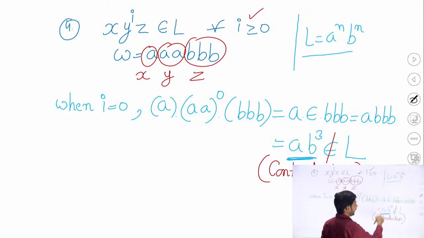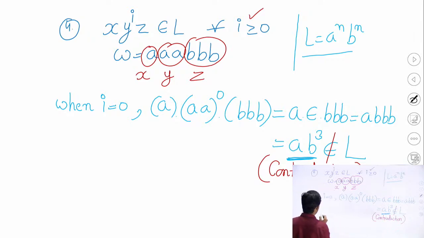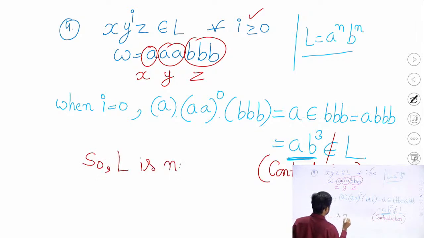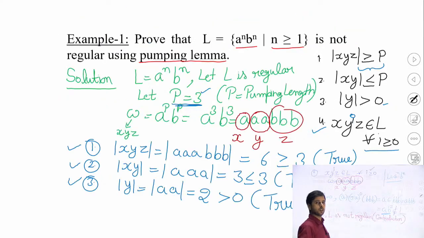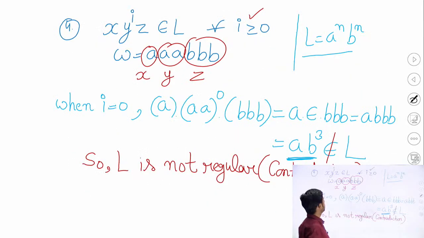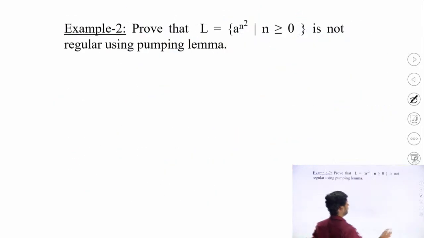So a b power 3 does not belong to language L, so we can say that language L is not regular. Clear?